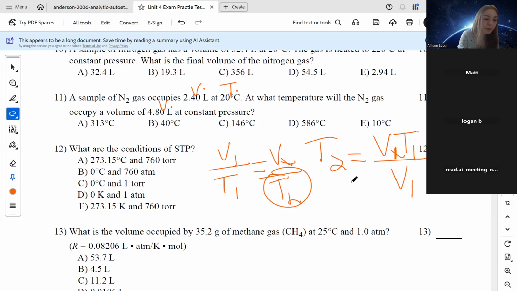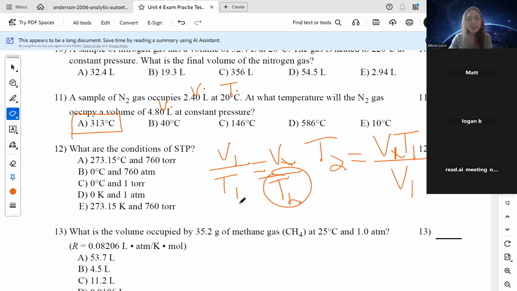For number 11, we want to get our answer in Celsius rather. So we should get something around 313 for this one here. So for number 11, again, it's the same relationship, V1 over T1 equals V2 over T2. We just have to rearrange and solve for our T2.